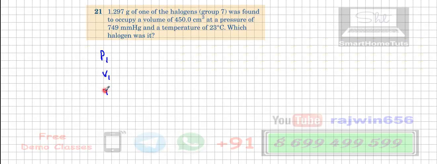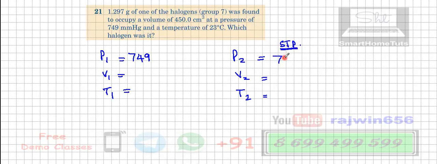P1, V1, T1, P2, V2, T2. First I'm going to do this. Okay, original pressure is 749. I'm supposed to take it at STP. So this pressure is going to be 760 mmHg. Original volume is 450 cm³.